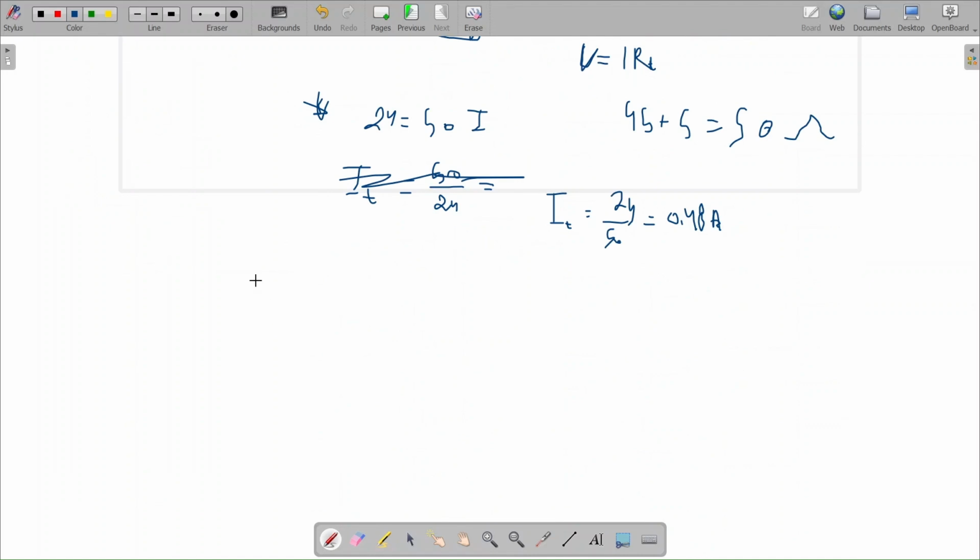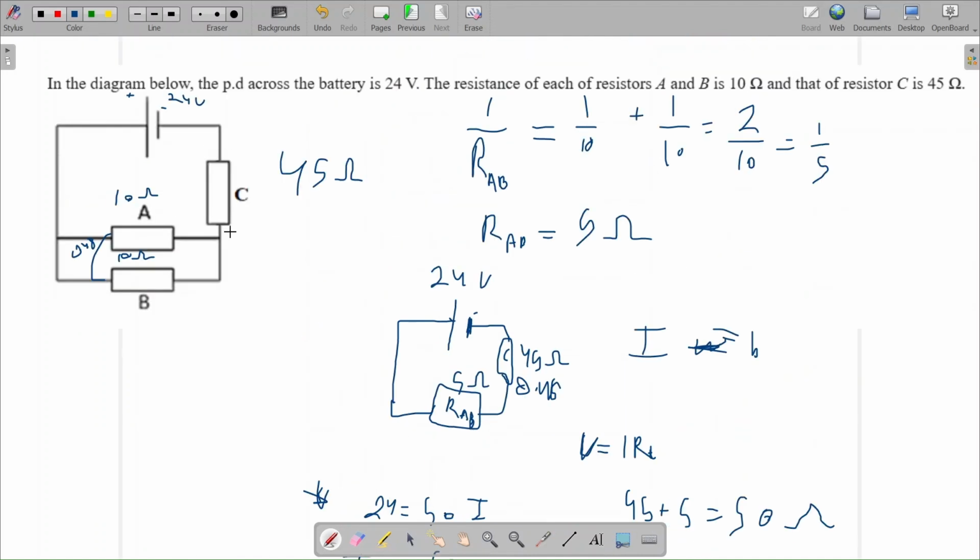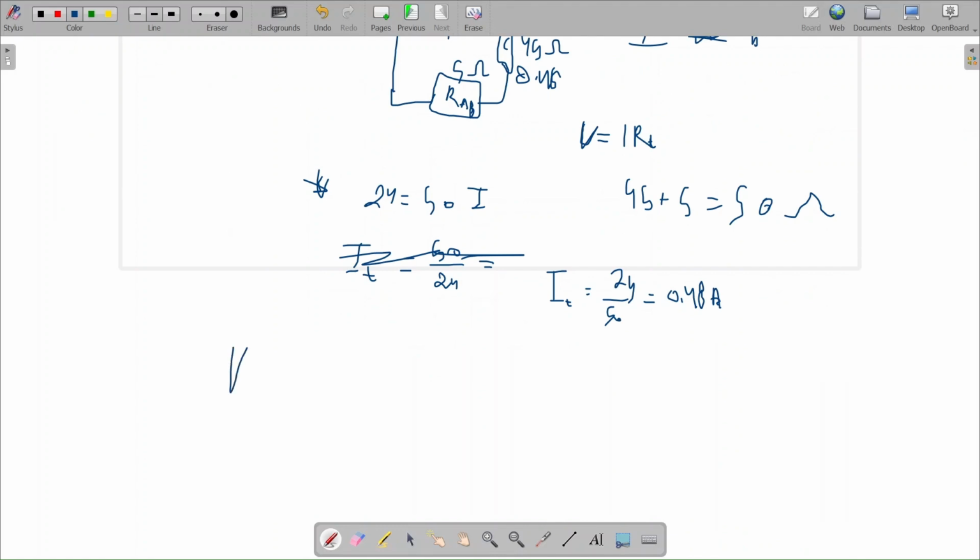In a parallel circuit, voltage is additive. So what we're gonna do, we're gonna subtract the voltage from this thing. Sorry, the current is also additive here in a parallel circuit, not the voltage. The voltage is the same. I mixed them up.